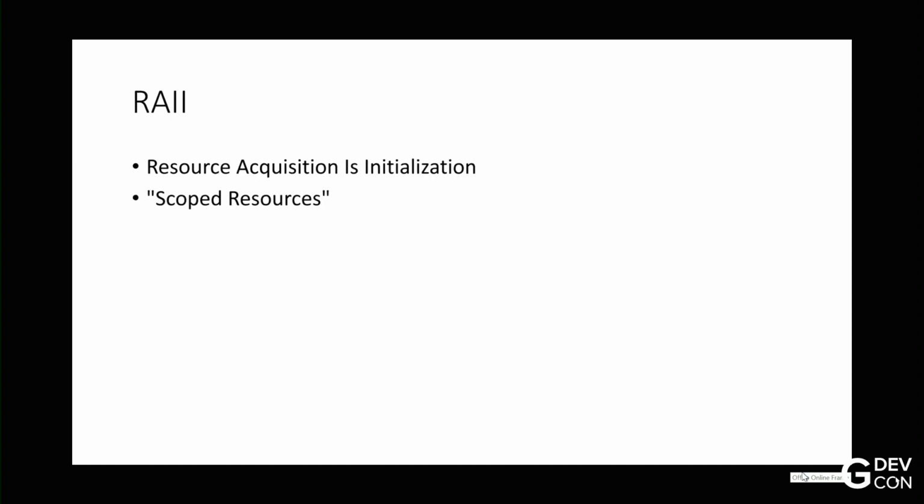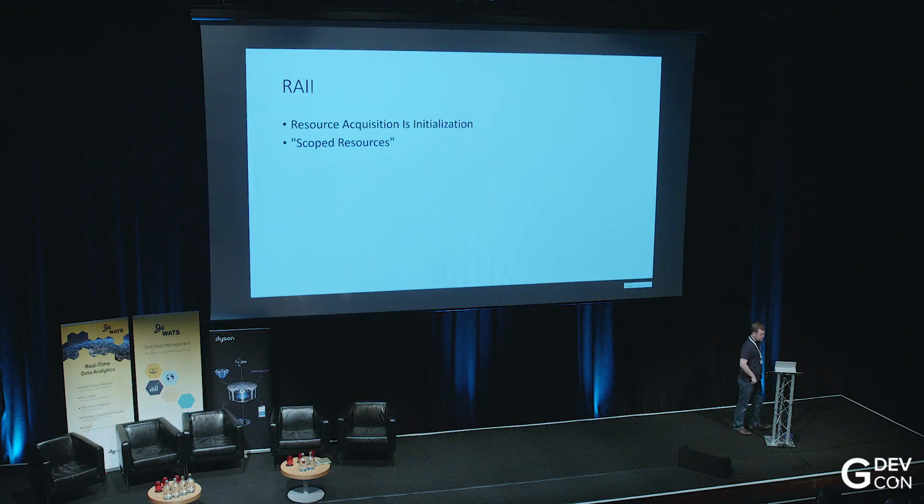So one of the things that other languages have done to start to work around problems like this is what's called resource acquisition as initialization. This name is given to it in computer science literature and in some of the languages like C++ that provide this feature. But probably a better name for this concept is scoped resources.